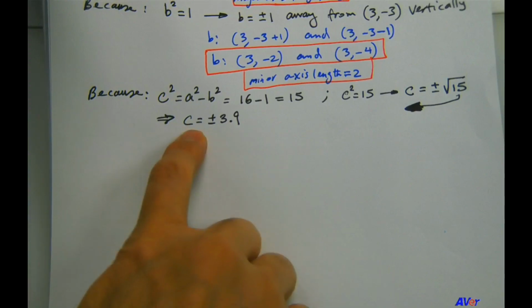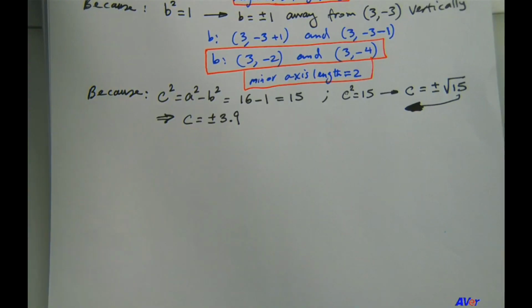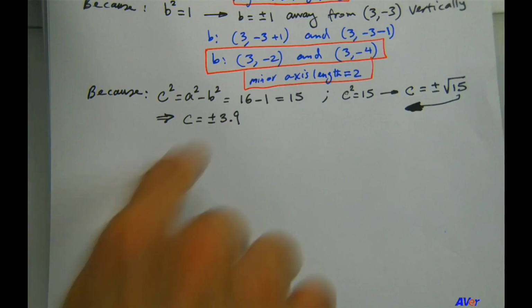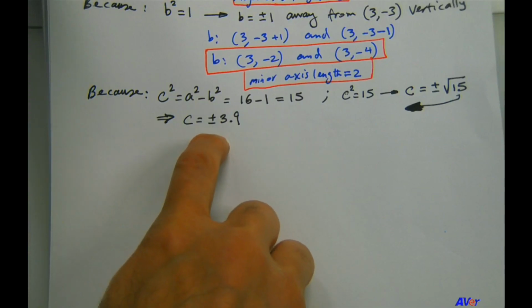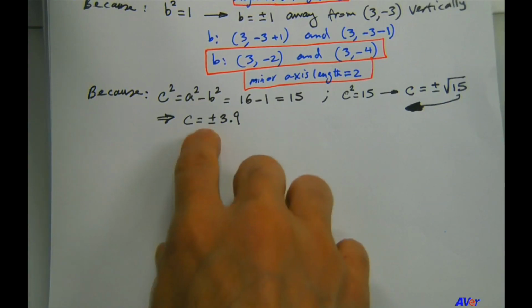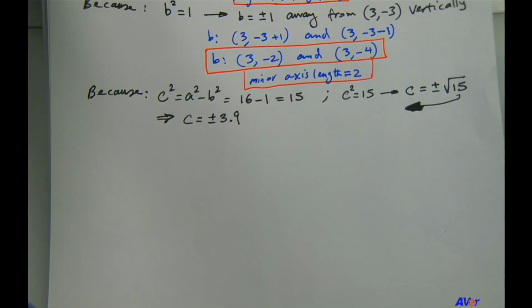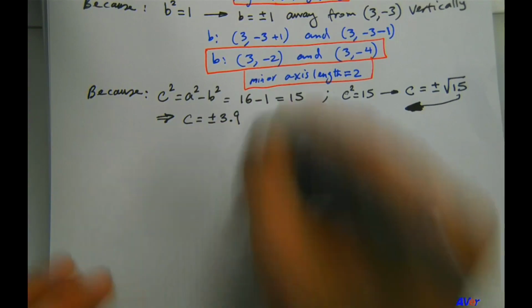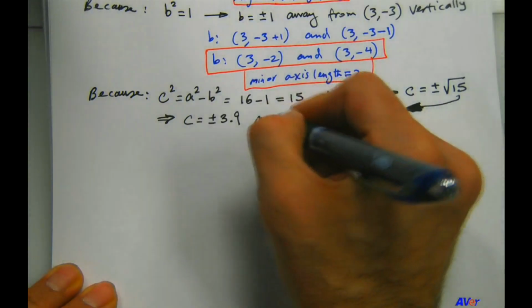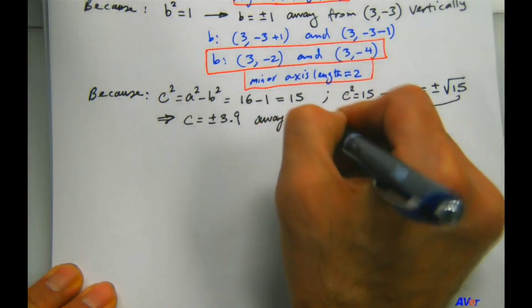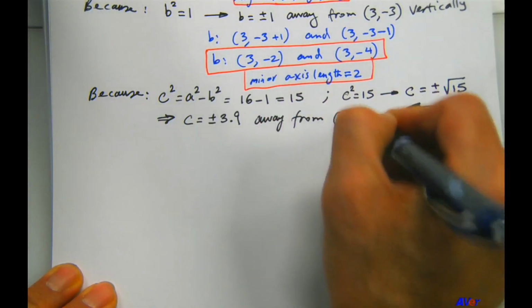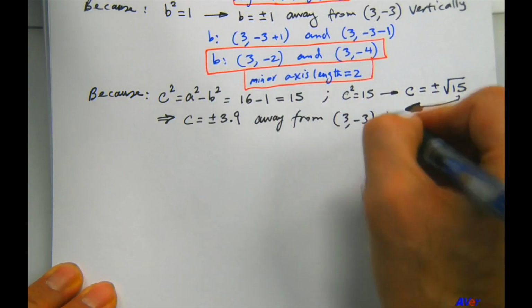So the focal points are always along the same axis as the major axis, and in this case, our major axis is horizontal. So this will be this away from 3 comma negative 3 horizontally.